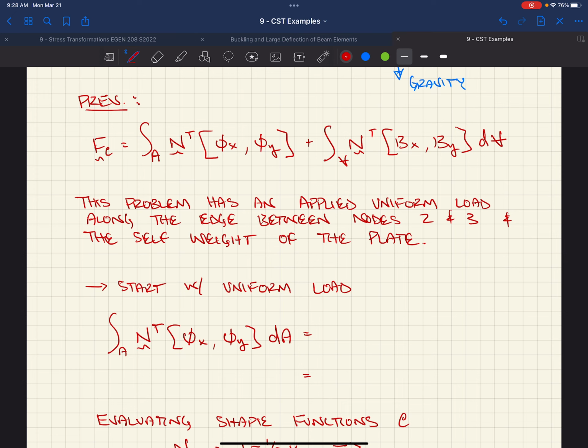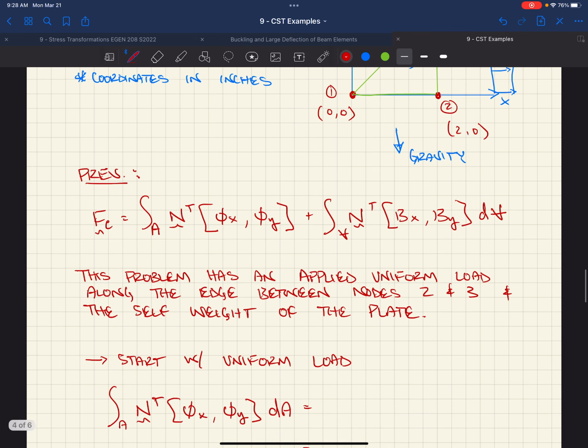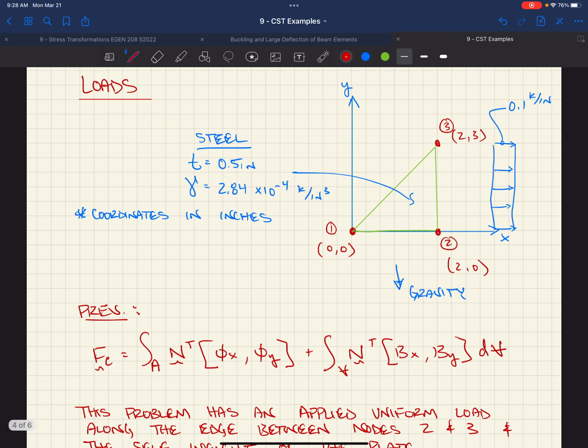start writing stuff in there. We have our integral over the area of our shape functions times our tractions, okay? If we look at our uniform load, similar to the equivalent forces we just did in the homework, right?